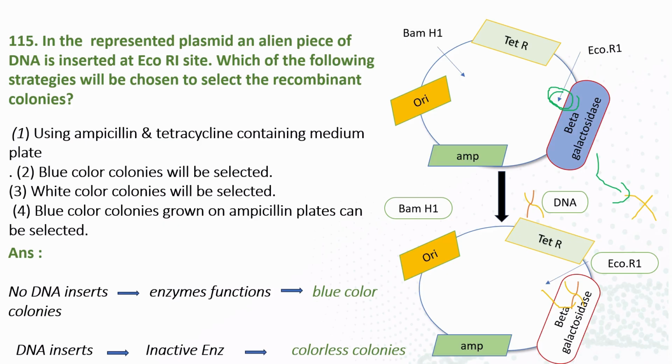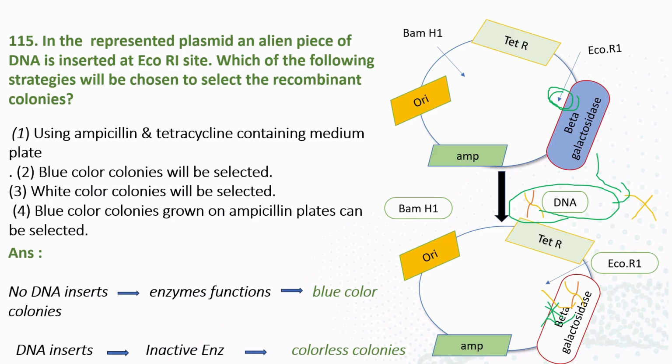In the tetra plate, when the DNA is not inserted, you can see the blue color colonies. Whereas when we add the DNA sample, this recombinant DNA will inactivate the beta galactosidase activity. The beta galactosidase protein contains a chromogenic substance which will emit the blue color.